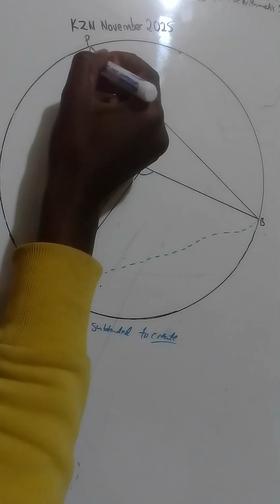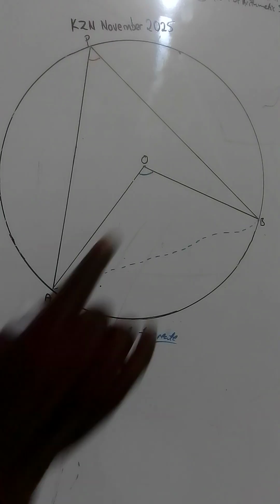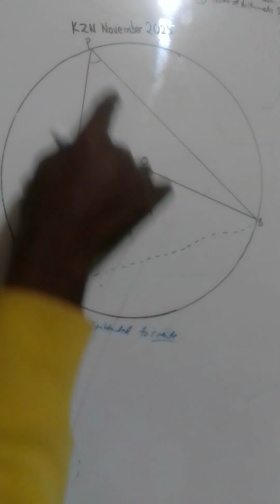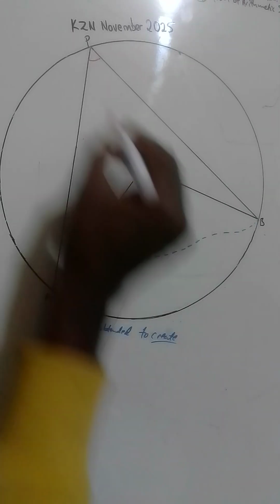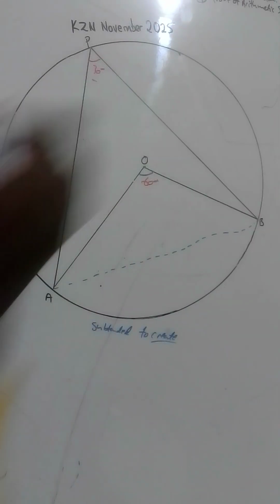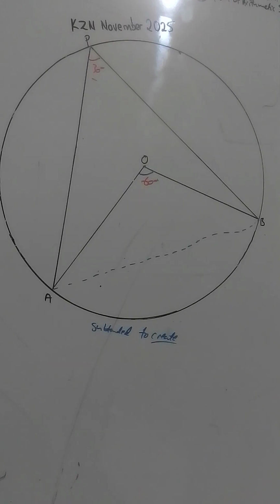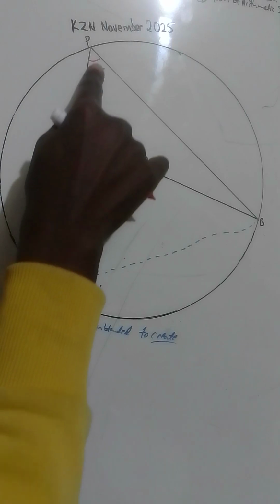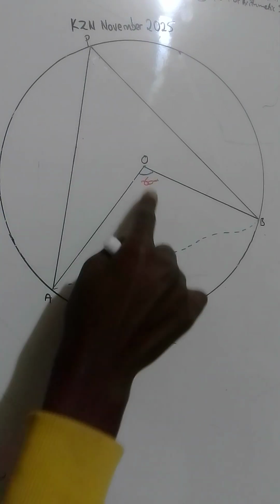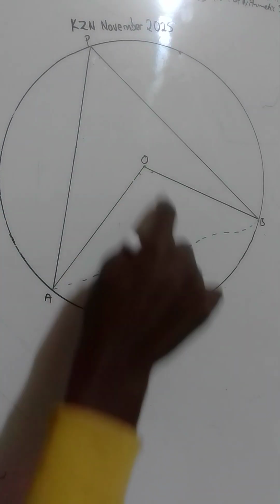Now the theorem, theorem 2, states that the angle at the center is 2 times bigger than the angle at the circumference, meaning if we have 60 degrees here, there we've got 30 degrees. That's what they want us to prove. So how do we go ahead and prove?